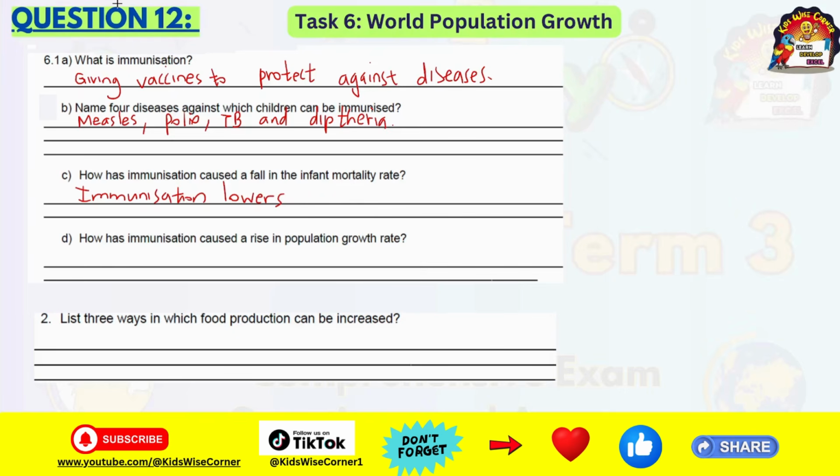So immunization lowers infant mortality rate. Immunization lowers infant mortality rate because children survive early diseases.